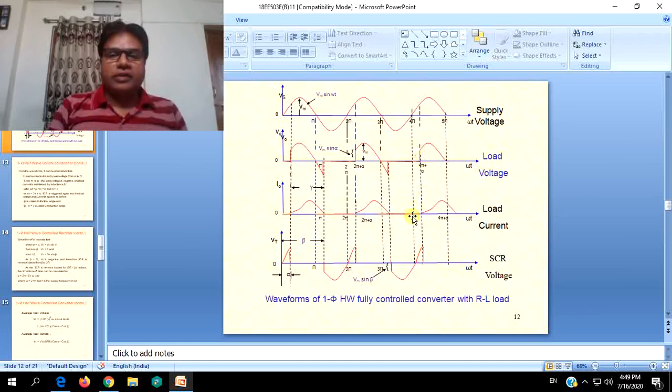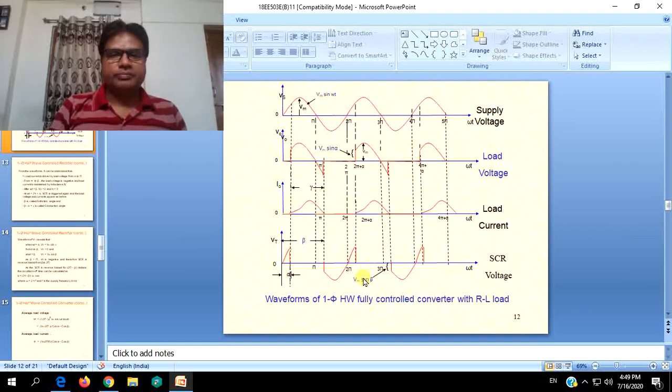These are the waveforms drawn with respect to the working of a single phase half wave fully controlled converter with RL load. The source voltage is the same as the previous case, whether with R load or RL load.